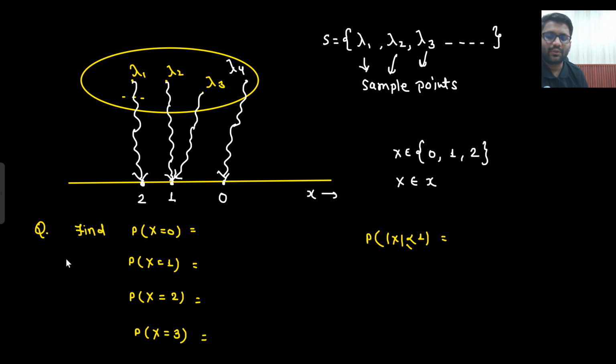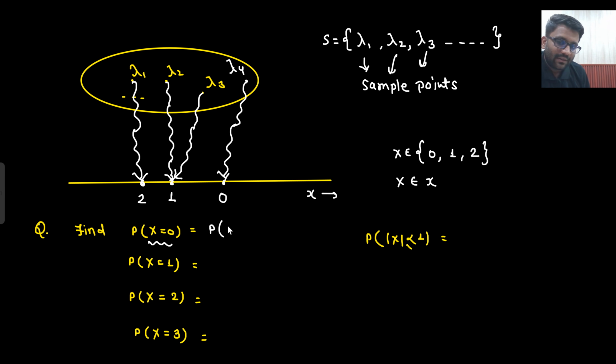Now what if the question asks, find the value of P(X = 0)? That means you need to find the probability that x takes the value 0. What do you mean by that? They are asking the probability of x taking the value 0.